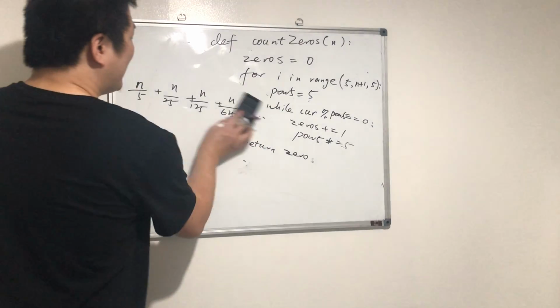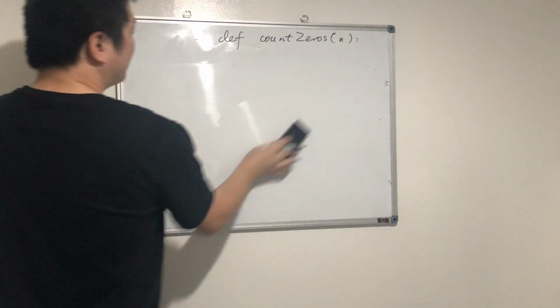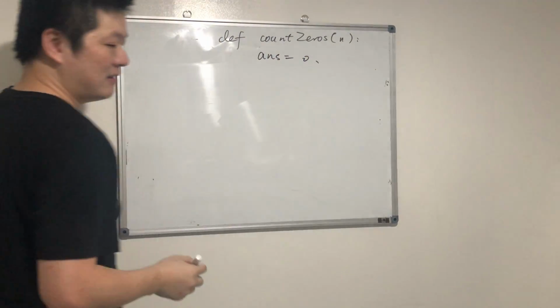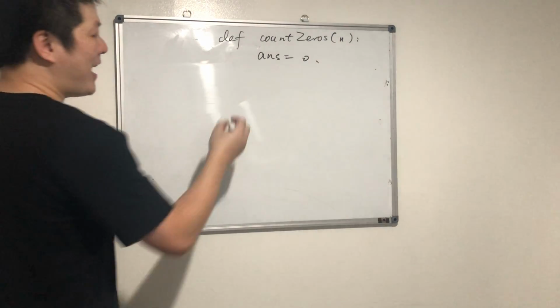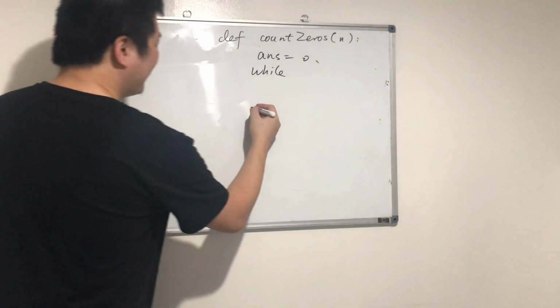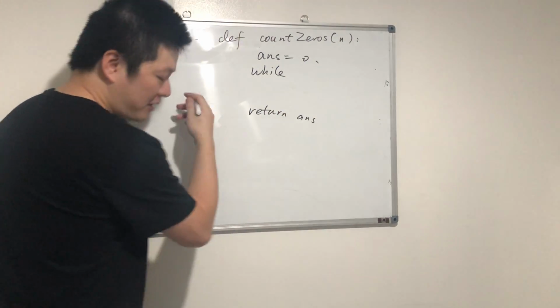So how can we write this code? Let the answer equal 0, and at the end return answer. Think about it: how do we calculate this?